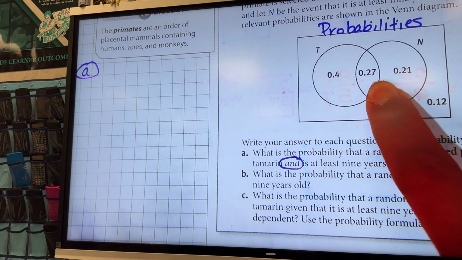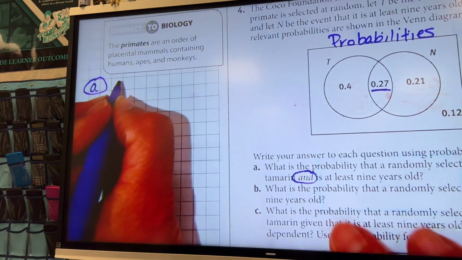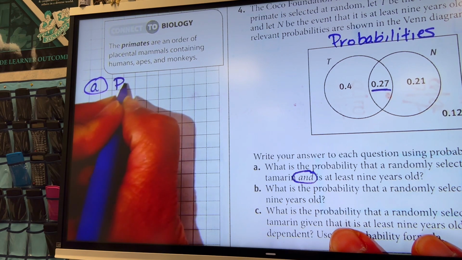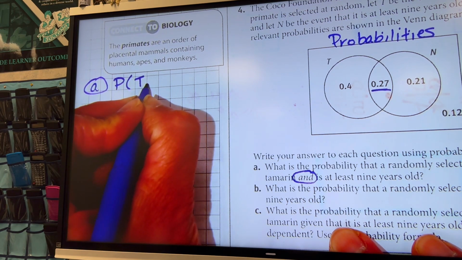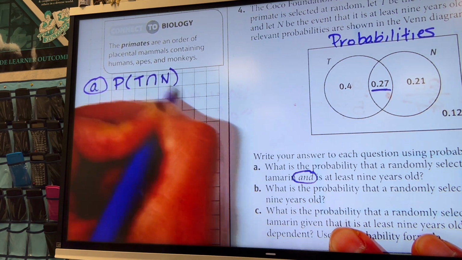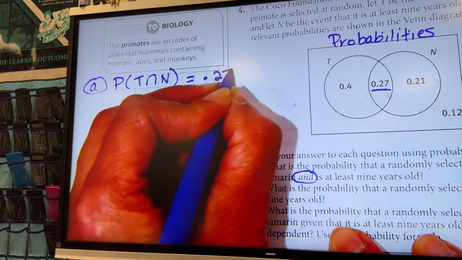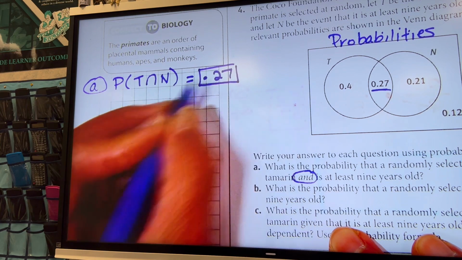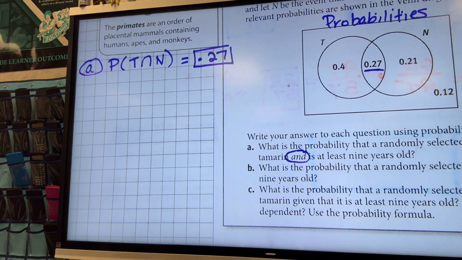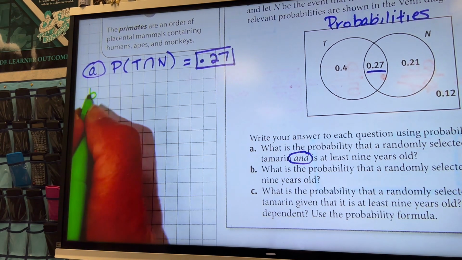The middle, right, the 0.27. So using the probability notation, it would go probability of T and N, tamarin and at least 9 years old, equals 0.27. So 27% chance of selecting a primate that is both tamarin and at least 9 years old. Okay, so that was part A. That was pretty simple. You just had to look at the Venn diagram.